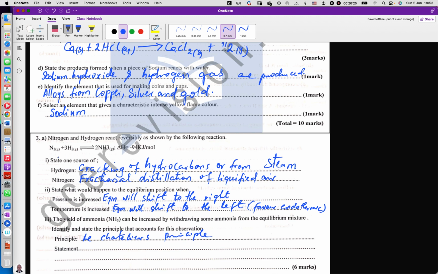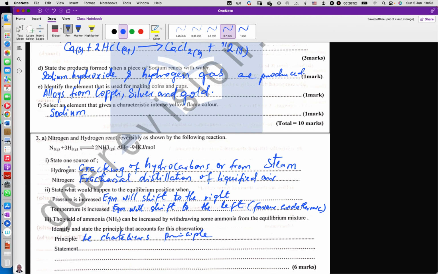The forward reaction gives 2 moles of ammonia. The backward reaction will give 1 mole of nitrogen plus 3 moles of hydrogen. The enthalpy change for this reaction is negative 94 kilojoules per mole.